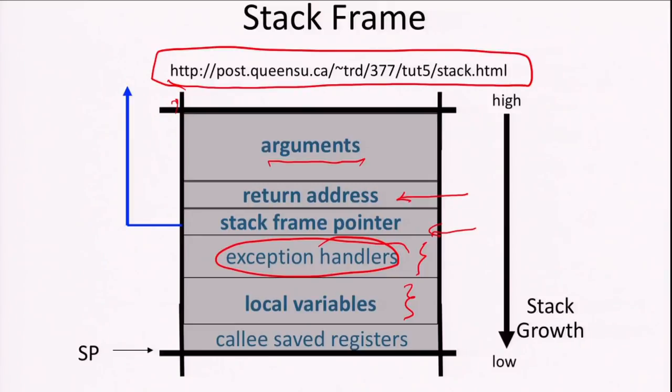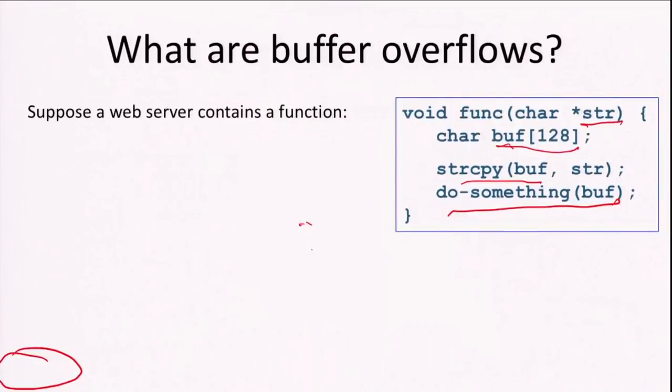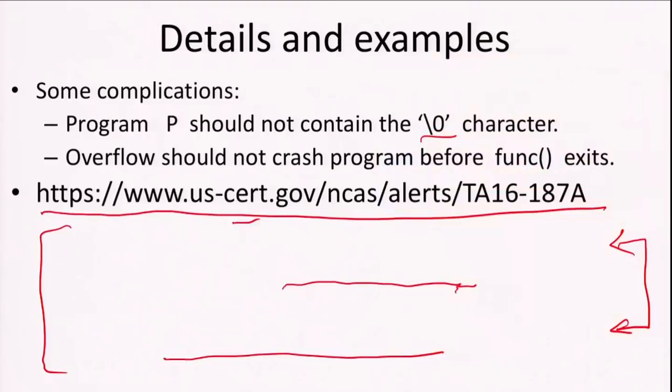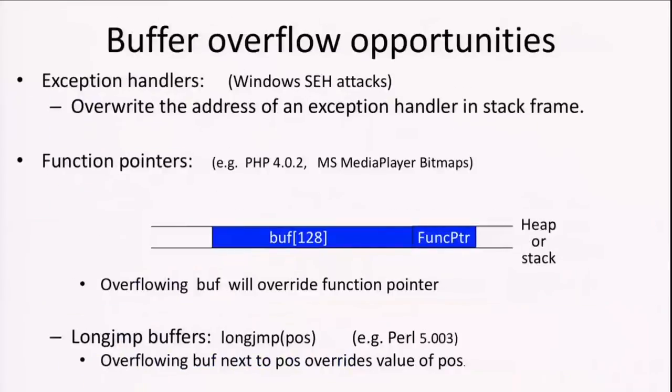Especially in C++ and other languages, you have exception handlers for various types of exceptions. So what one can do is rewrite the address of the exception handler in the stack frame, and thereby when an exception happens, instead of going to the actual exception routine, it will go to malicious code.